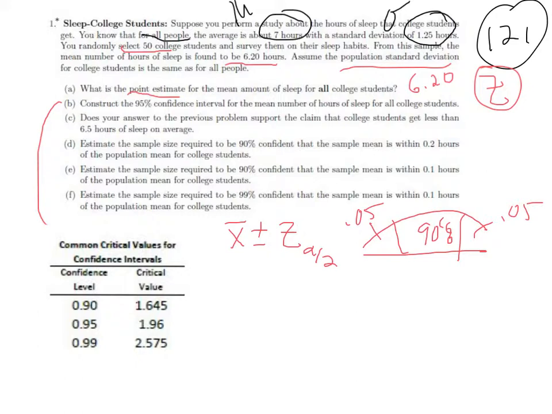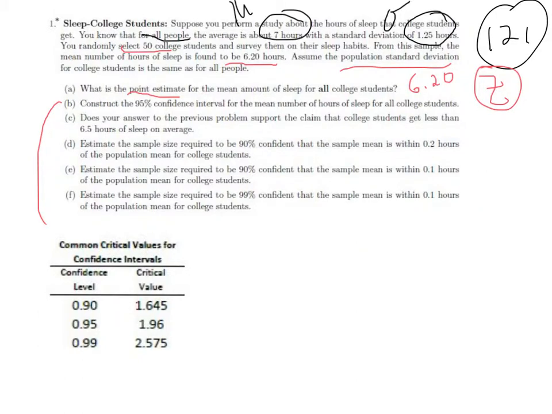So go back to that formula. It's x bar plus or minus that z, whatever that's going to be. For this one, it's 1.645, times the population standard deviation, divided by the square root of the sample size. Okay, so what do we know here? Well, we know that the sample mean was 6.2.